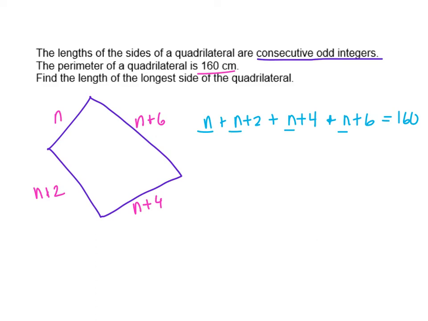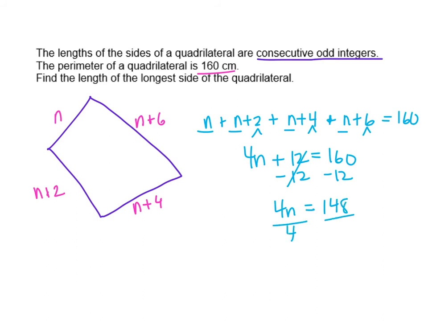We have 4 n's, so 4n, and then we have 2 plus 4 is 6, plus 6 is 12. So 4n plus 12 equals 160. Then we just solve for n. Subtract 12, 4n equals 148. And then we divide both sides by 4, and we get n equals 37.